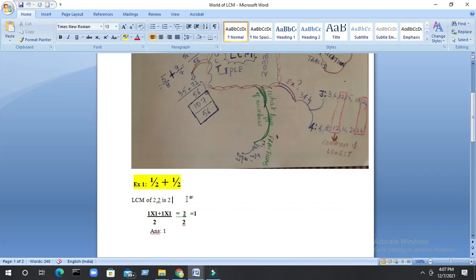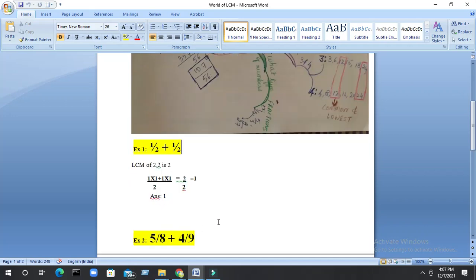Now you have the LCM as 2 for both fractions. You divide the LCM, 2, by the denominator of the first fraction, 2, and you get 1. 1 into its numerator 1 is 1. The same thing goes for the other one. So it becomes 1 plus 1, which is 2 by 2, which is 1.